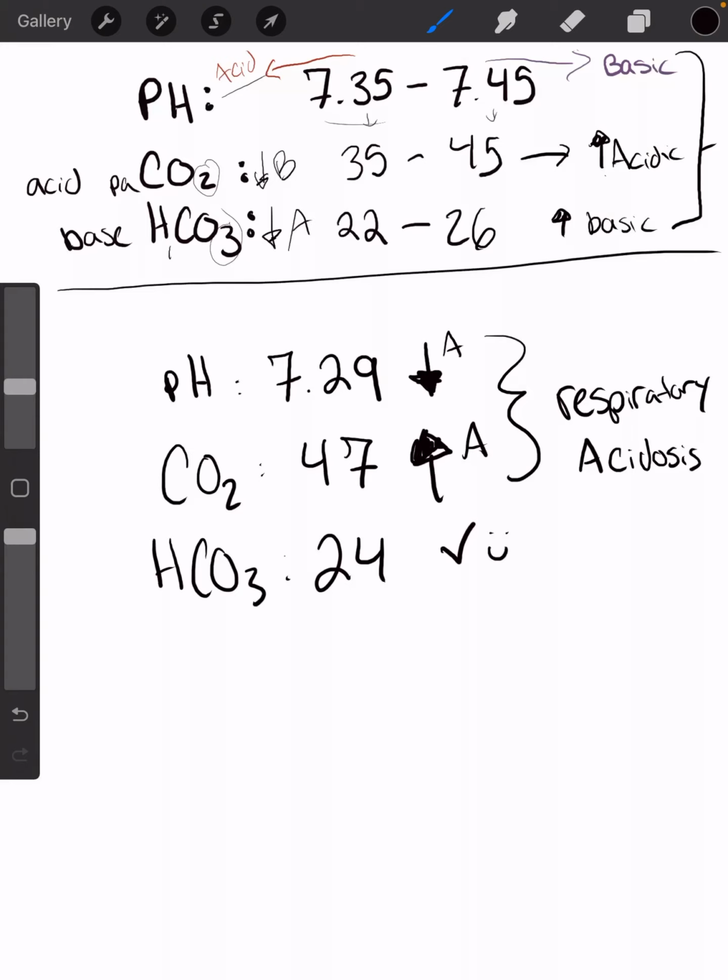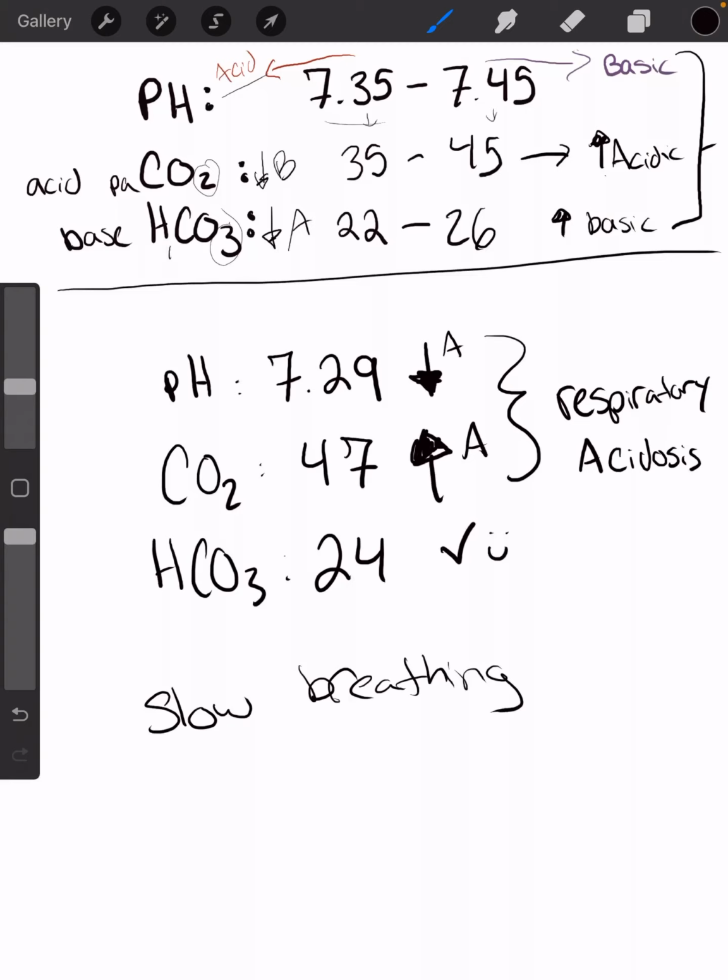Just think about it. What would make your CO2 too high if your lungs control it? Slow breathing. So, what are some things that can cause that? Sleep apnea is one of them. Poor gas exchange. Maybe your lungs aren't working how they're supposed to be working, so your CO2 is building up and it's too high.